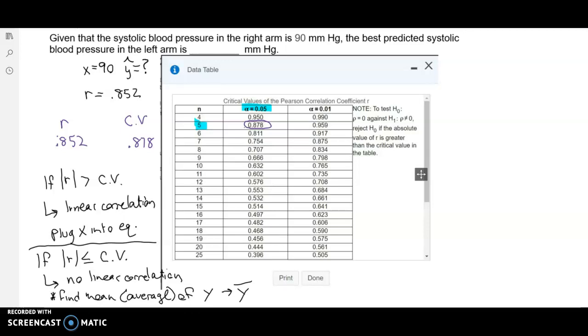So let's see what we have in our case. Our R is 0.852. Well, the absolute value of R would also be 0.852, right? So 0.852 happens to be smaller than 0.878. So we have the second case here. That means we need to find the average of our y values.